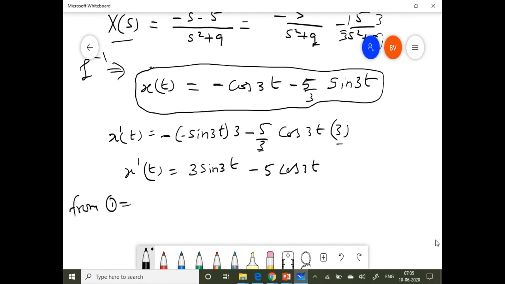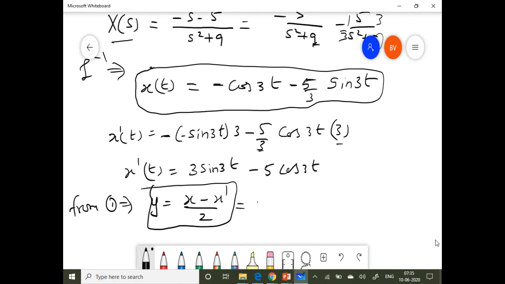Okay, from equation 1, we get y is equal to x minus x prime over 2. Check equation number 1. What is x?